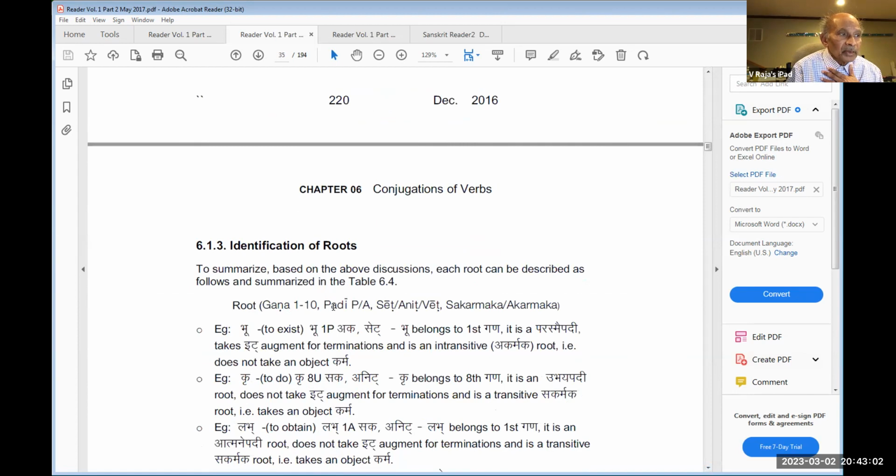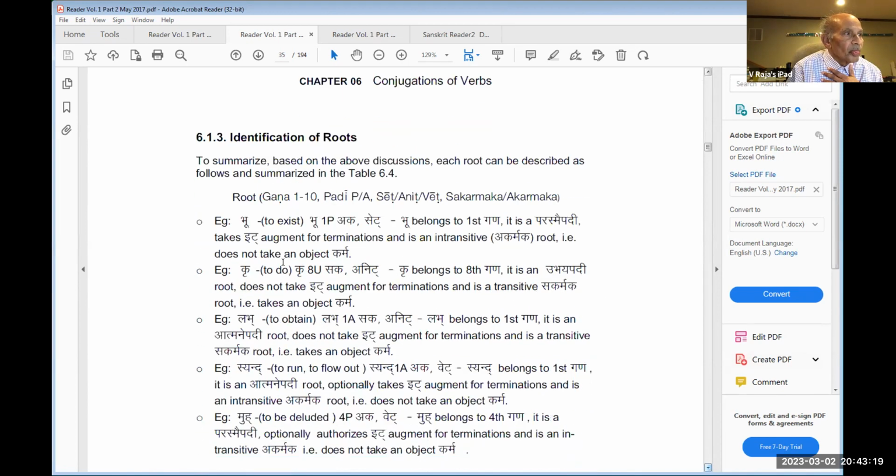What padi it belongs to, parasmaipadi, atmanepadi, or ubhayapadi, or whether it's sakarmaka or akarmaka. And we'll get to this in 1 second. Then, for example, bhu. When you see bhu, it says first gana, parasmaipadi. It is akarmaka. It doesn't take an object.